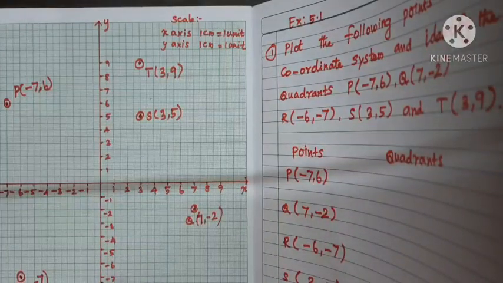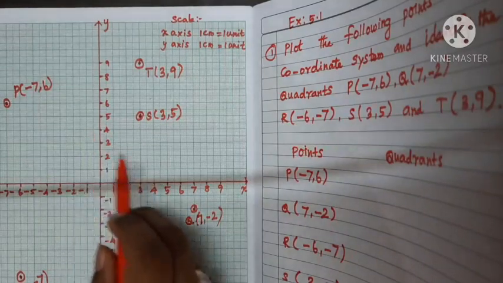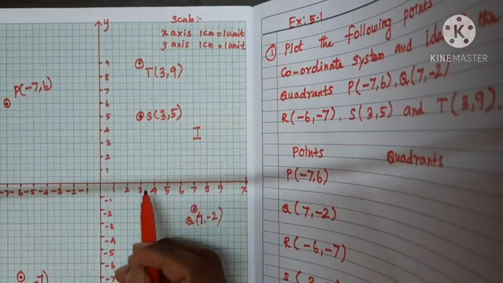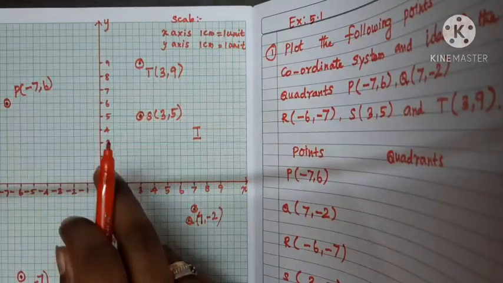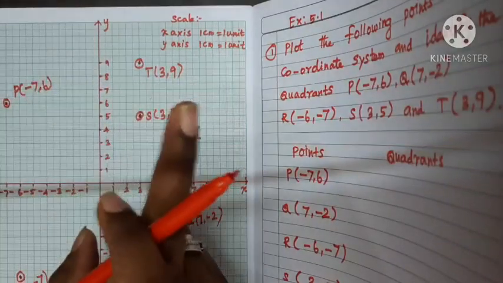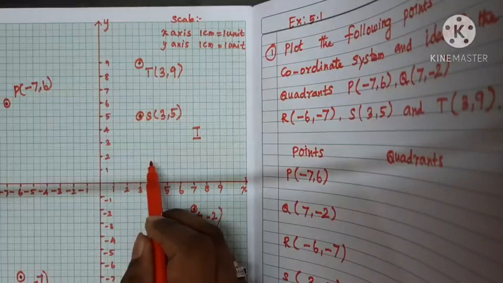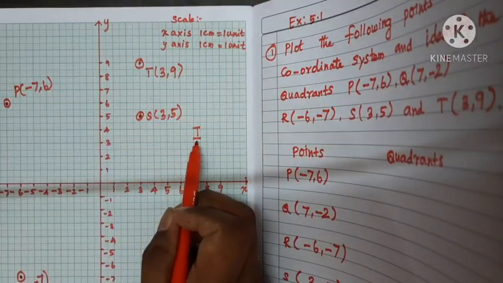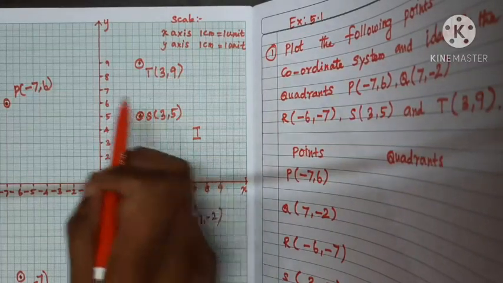Now we already know that if the x value and y value are both positive, that is the first quadrant. You have to take the quadrants anti-clockwise only. You know that clockwise is the direction of the clock. Here we take the quadrants anti-clockwise. Both positive is the first quadrant.